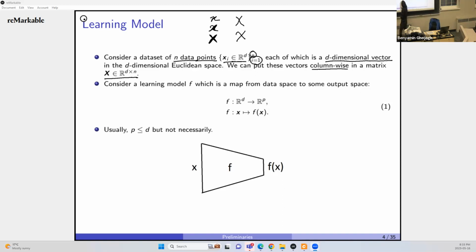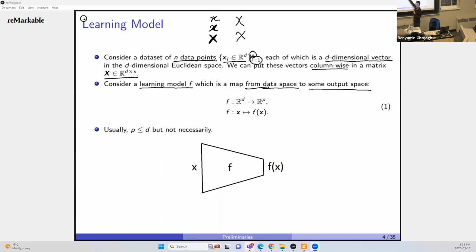So this is notation. Now consider a learning model F, which is a map. Map or mapping is a concept in mathematics, which maps something to another thing, from one space to another space. Function is the special case of map, right? Because in function, you can't have two outputs for the same input. So consider a learning model F, which is a map from data space to some output space.